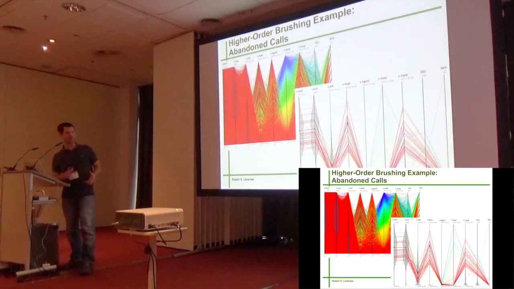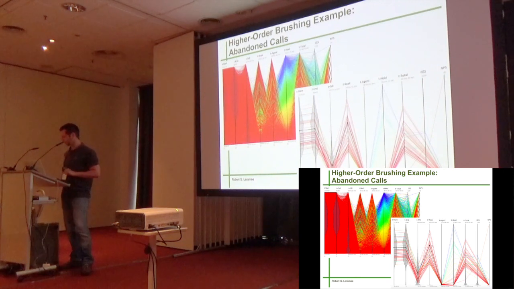And this is just one example that we'll show before jumping to the demo video, which shows the actual interaction. Here is a naive parallel coordinates plot visualization of the 230K calls, and it's very overplotted. And this is a higher order brush pattern, starting with a very high time of day, which is very popular for calling call centers, and a very popular time to hang up as well.